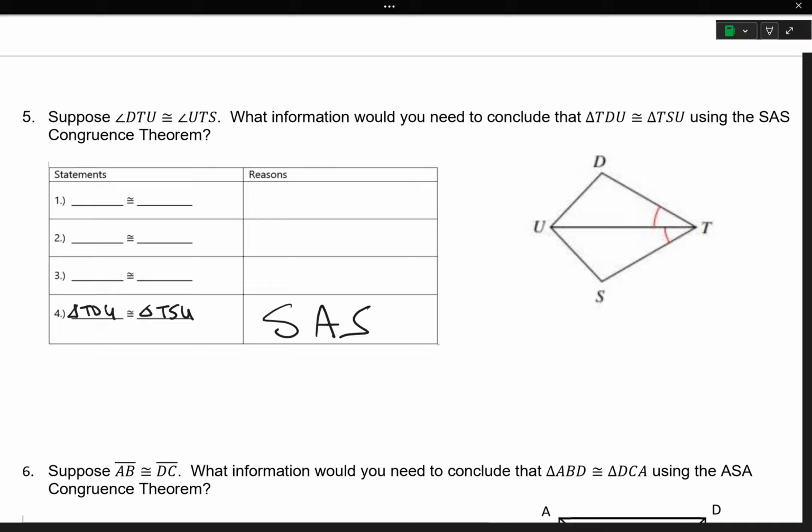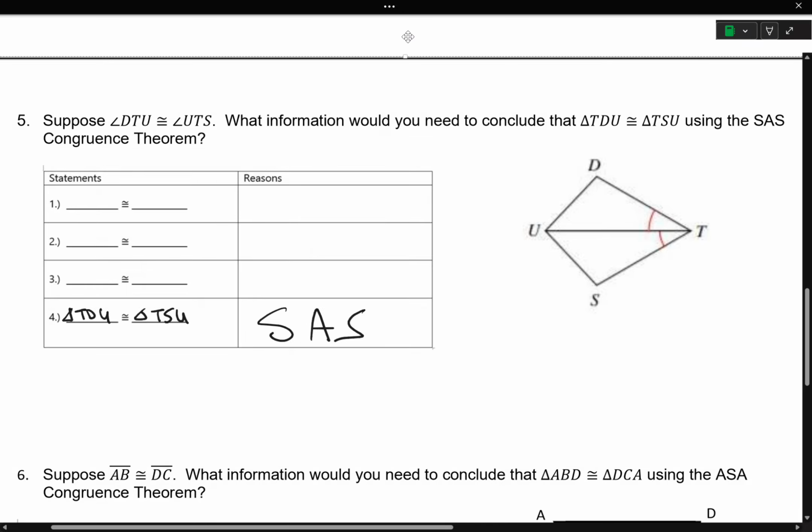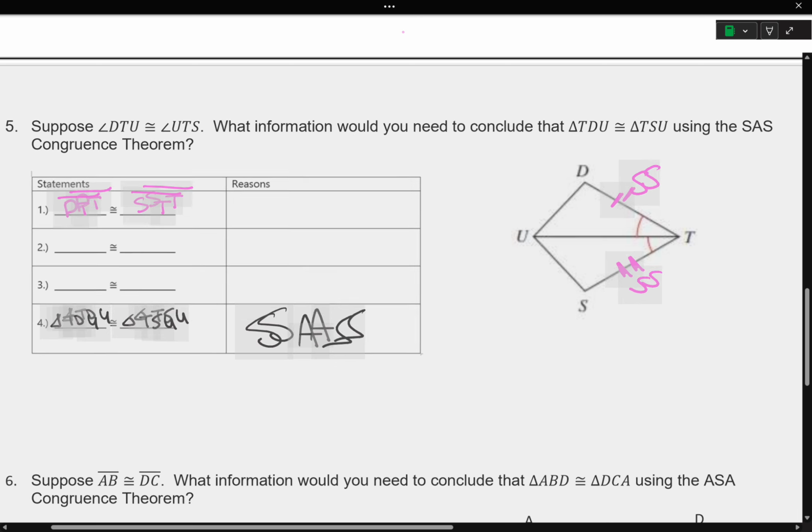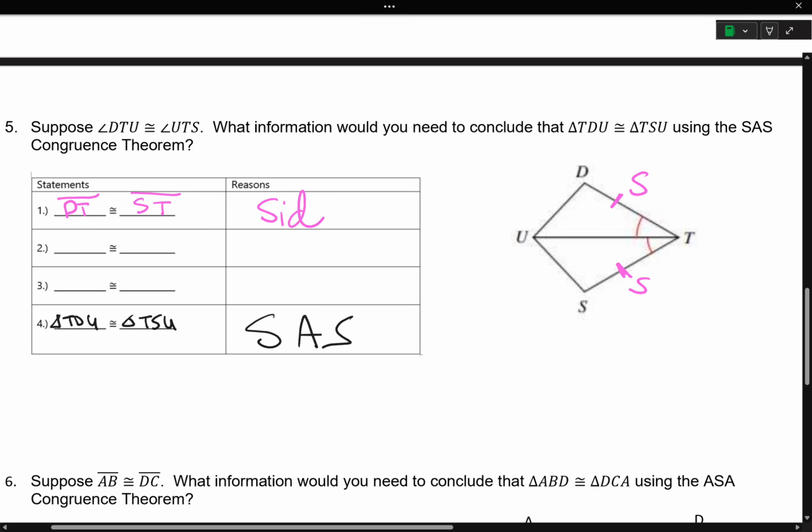The first thing that we need here is a side. Let's mark the side DT and the side ST. We definitely need those two to have side angle side. Just going to write side. This probably shouldn't have made reasons and statements for this one; statements would just be enough. I'll see what I feel like doing in class.